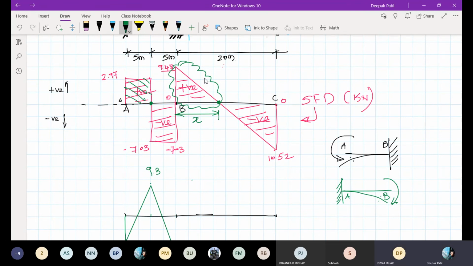Similar triangles. Yes, you can easily use the law of similar triangles. So this is one right angle triangle and this is another right angle triangle. Let me use that. 9.48 divided by x is equal to 10.52 divided by what? 20 minus x.